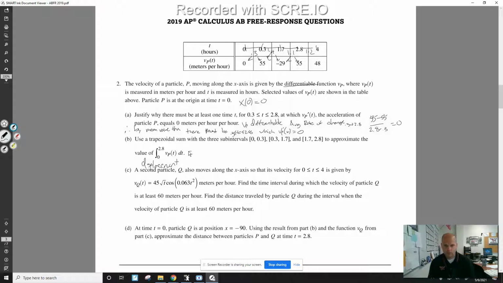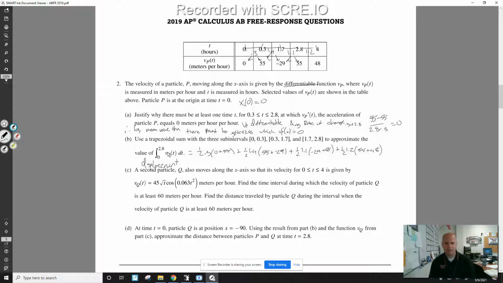So the formula I would write down is 1/2 times 0.3 times 0 plus 55, plus 1/2 times 1.4 times 55 plus negative 29, plus 1/2 times 1.1 times negative 29 and 55, plus 1/2 times 1.2 times 55 and 48.